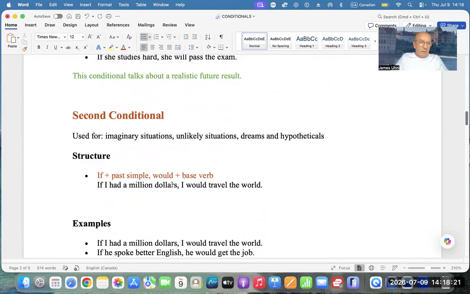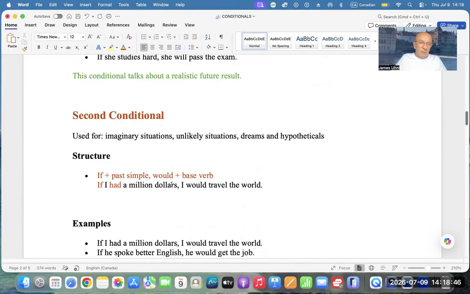Okay. If past simple, what is simple past or past simple? Okay, here we have if past simple had, comma, but here is $1,000,000.